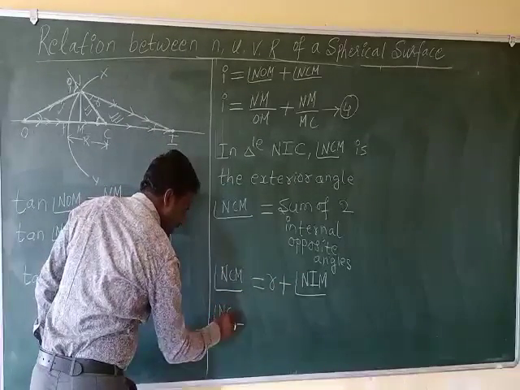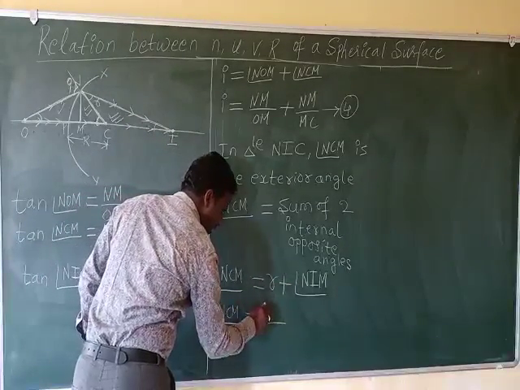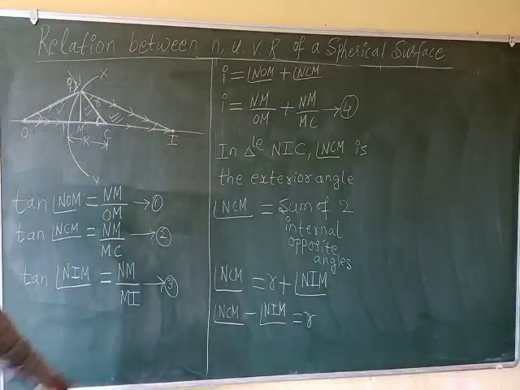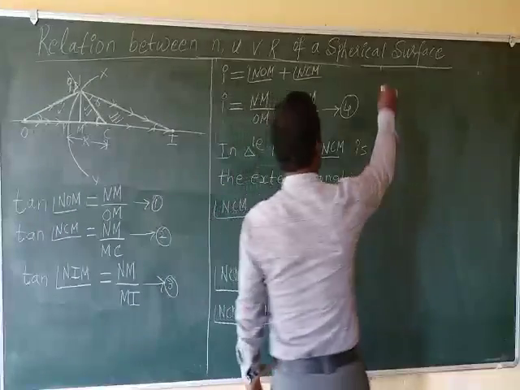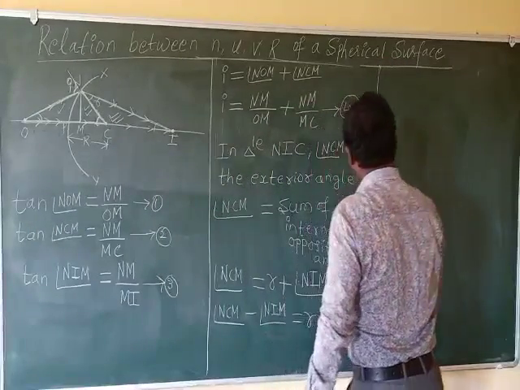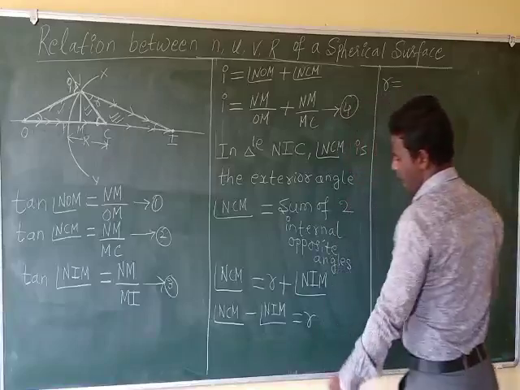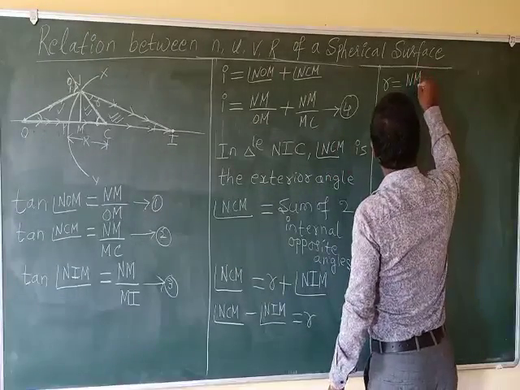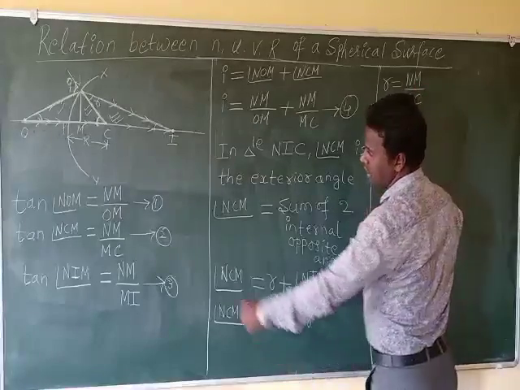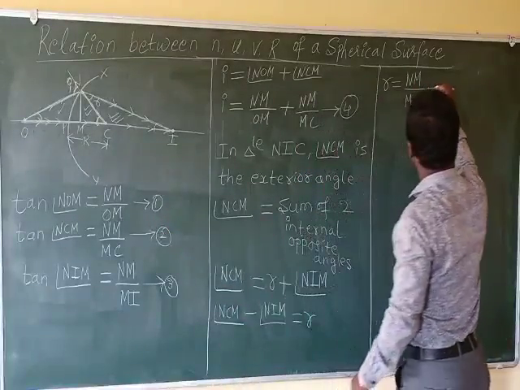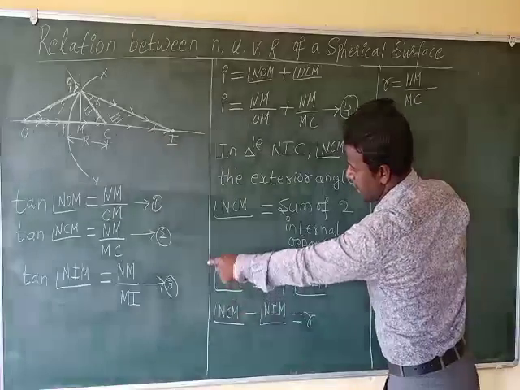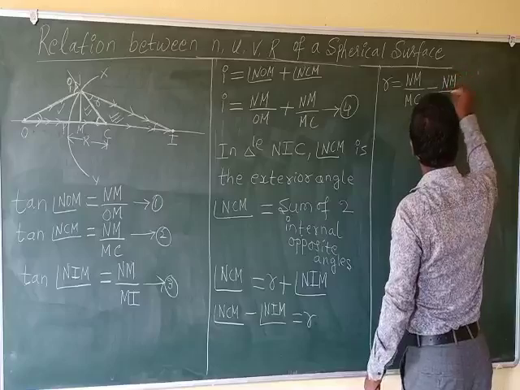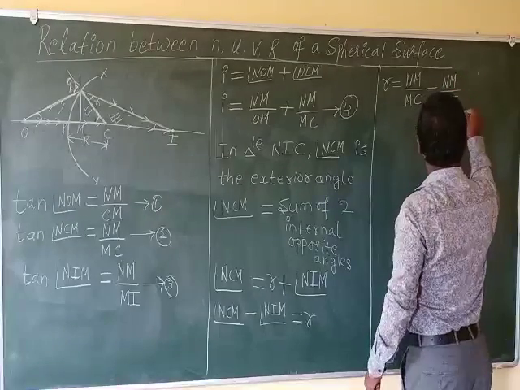Angle NCM minus angle NIM equals R. So R equals angle NCM minus angle NIM, which is NM by MC minus NM by MI. So this is equation number 5.